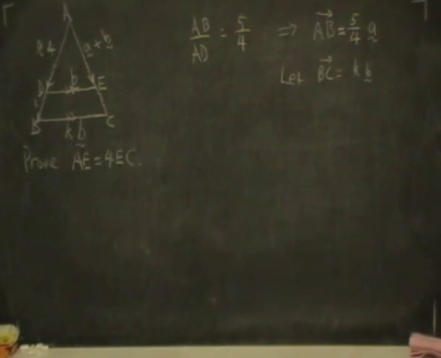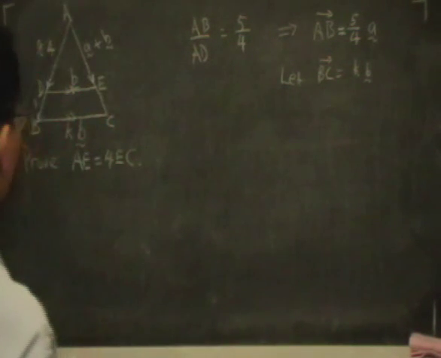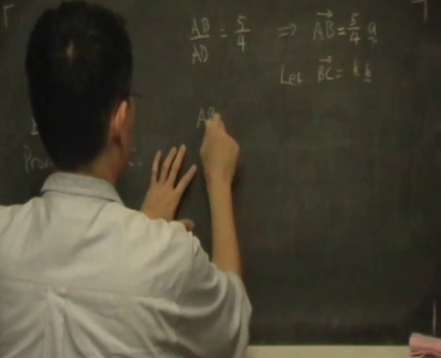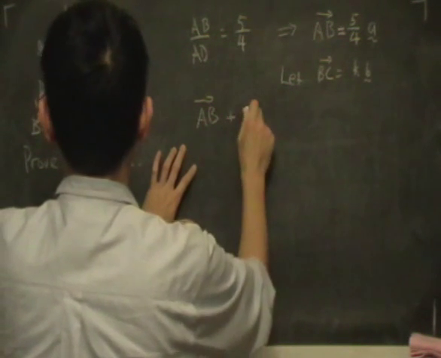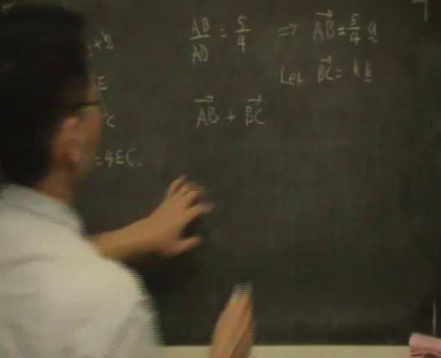Alright? The reason why we want to look at AB and BC is because we can add them, add AB and BC to get AC, and then relate AC to A plus B to form our equation. So let me write this down. From this vector triangle, we know that the vector AB plus the vector BC must be equal to the vector AC.